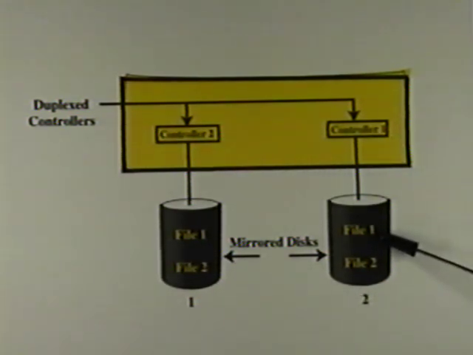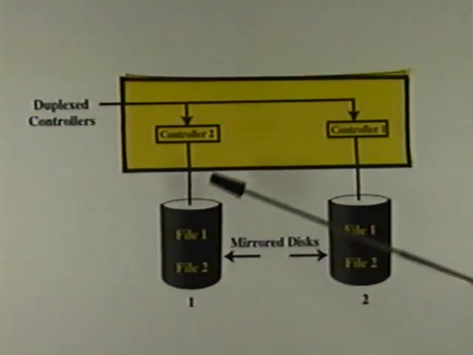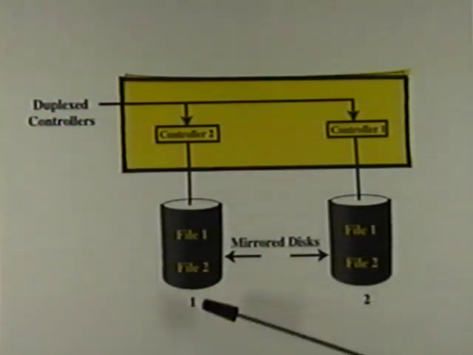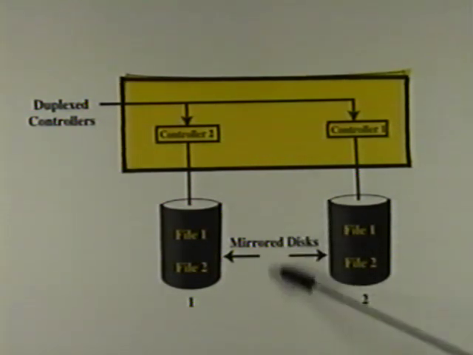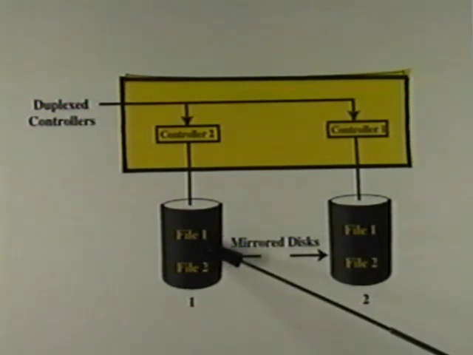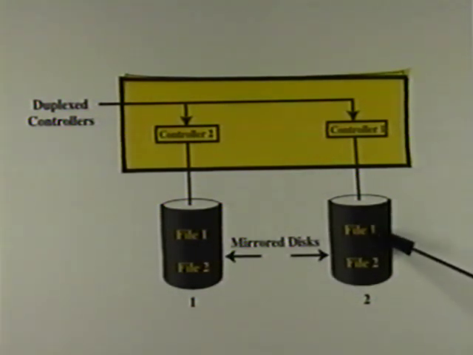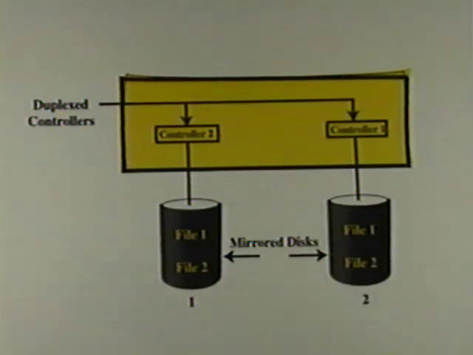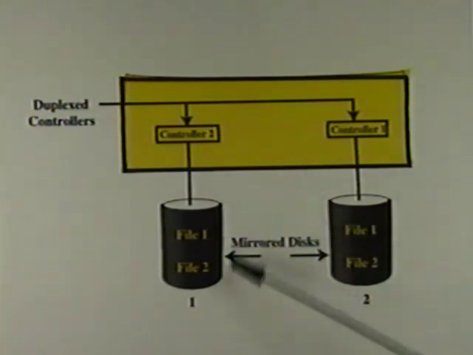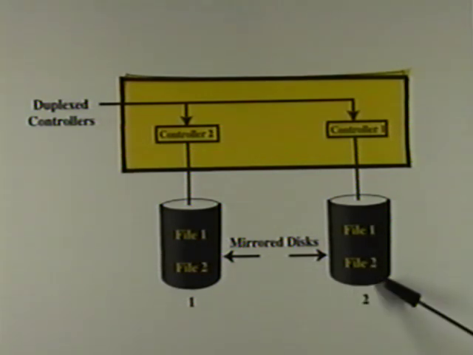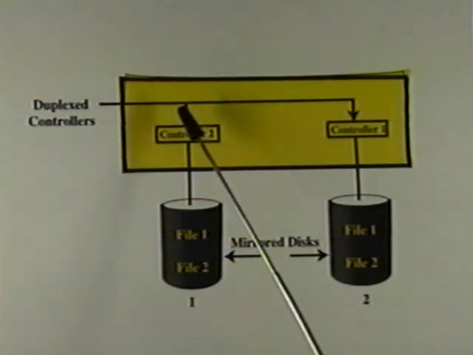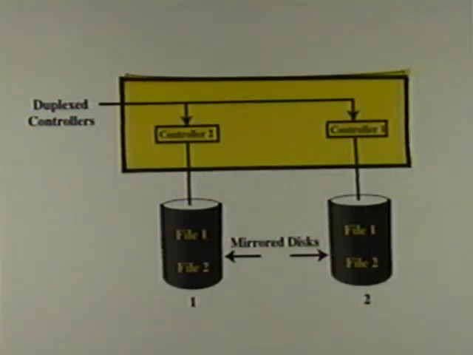File 1, for example, is going to be written to disk 2, and file 1 will also be written to disk 1. Okay, so these are mirrored disks. The reason they're called mirrored is because if one disk turned and looked at the other disk, it would be as though it were looking at itself in a mirror. What this requires, of course, is two controllers that are controlling each of the disks, and also the software to provide the right commands to each of those controllers.